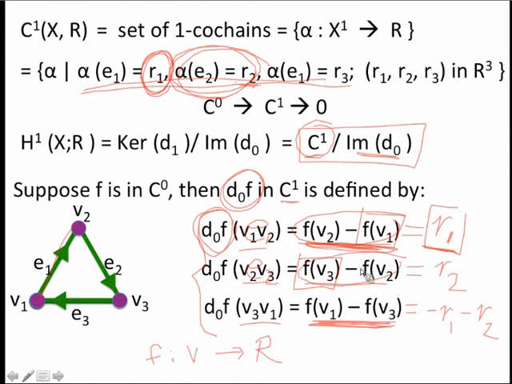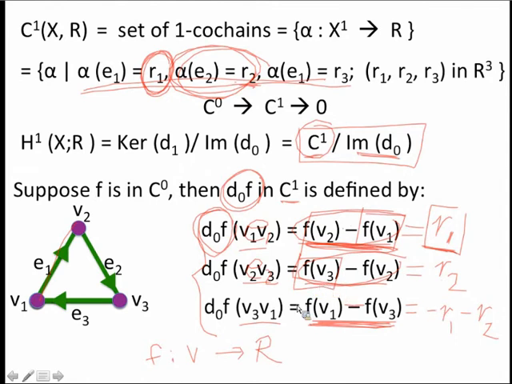And if I take this and subtract off this, my F of V2s will cancel out. Doing minus of this minus that will give me minus R2 minus R1 on this side, and on this side I will get minus F of V1 minus F of V3.